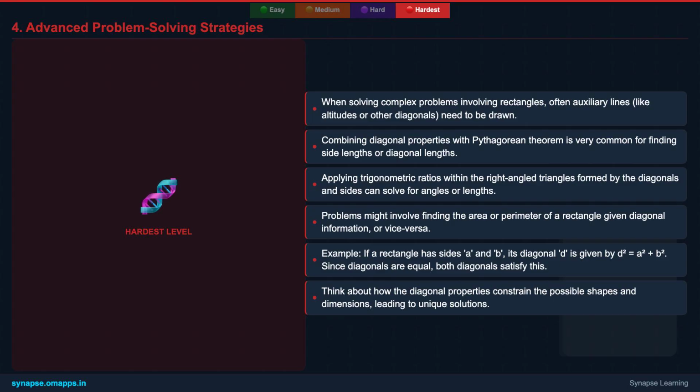Furthermore, applying trigonometric ratios within the right-angled triangles formed by the diagonals and sides can solve for angles or lengths. Problems might involve finding the area or perimeter of a rectangle given diagonal information, or vice versa. Think about how the diagonal properties constrain the possible shapes and dimensions, leading to unique solutions.